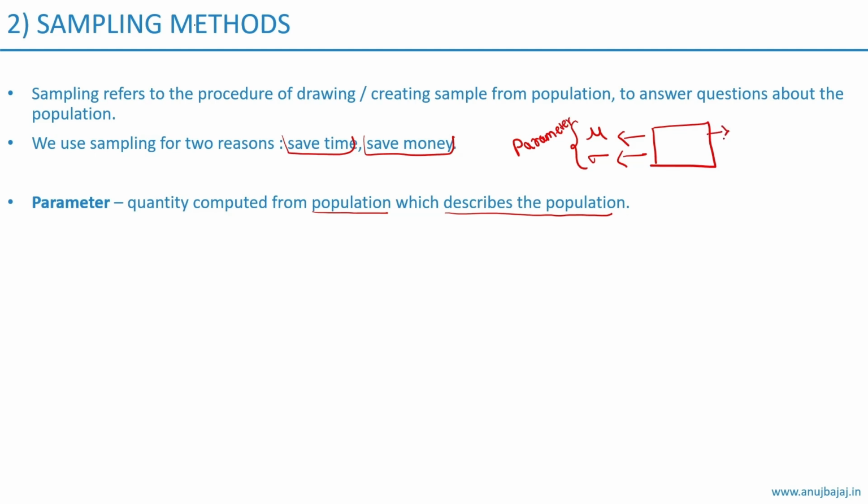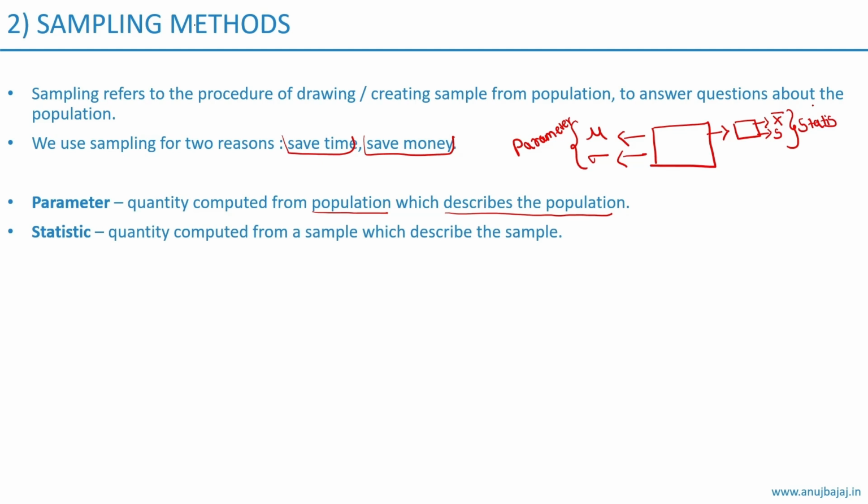And suppose out of this entire population I draw a sample, then the sample mean and the sample standard deviation are referred to as the sample statistics. So statistic refers to the quantity computed from a sample which describes the sample. The data computed from the population is referred to as the parameter, and the data computed from the sample is referred to as sample statistic.